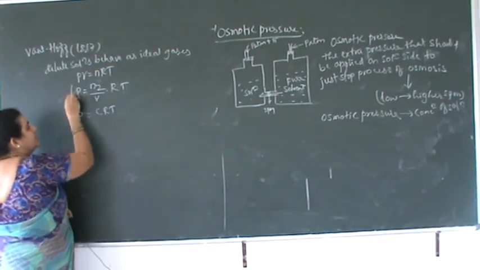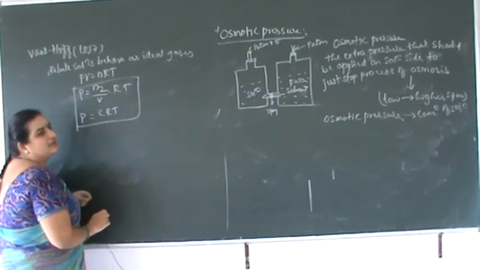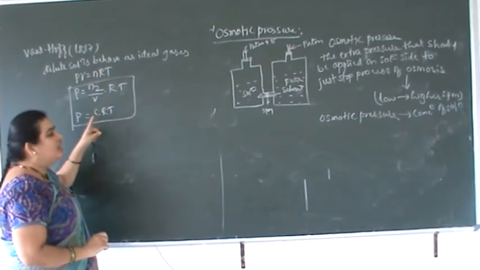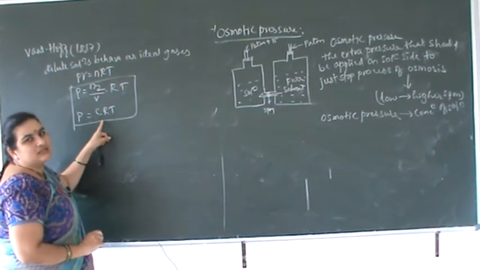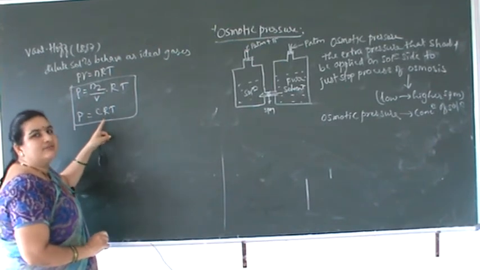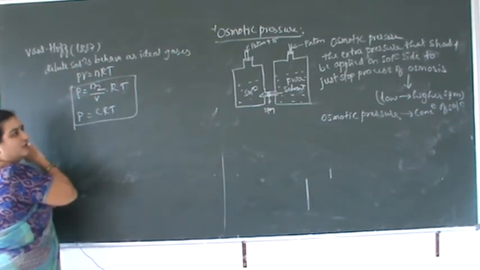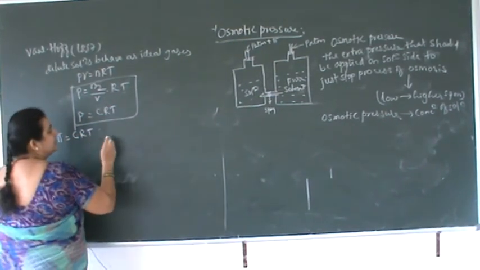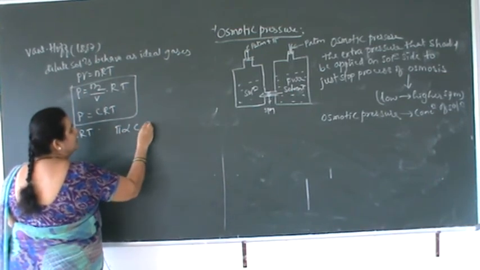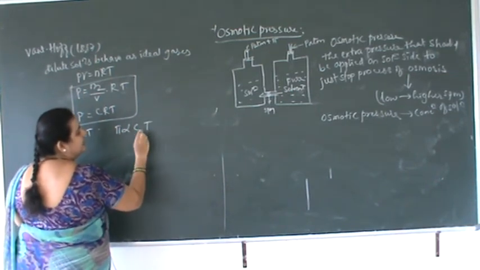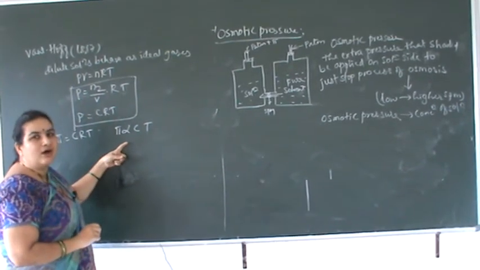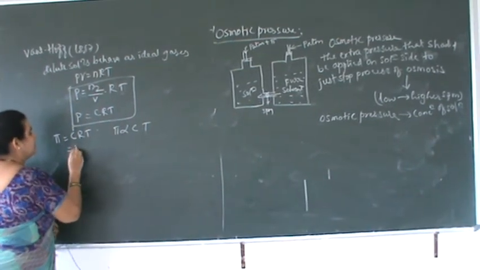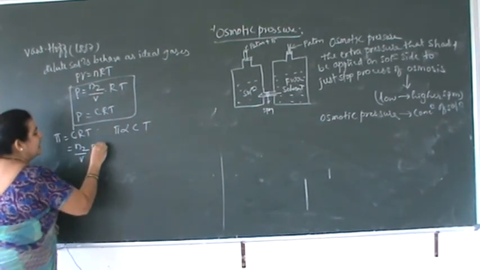So we can write two equations for the ideal gas: P equals n2 by V RT, and P equals CRT. A similar equation is given for osmotic pressure: pi equals CRT, that is, pi is proportional to the concentration and the absolute temperature of the solution.